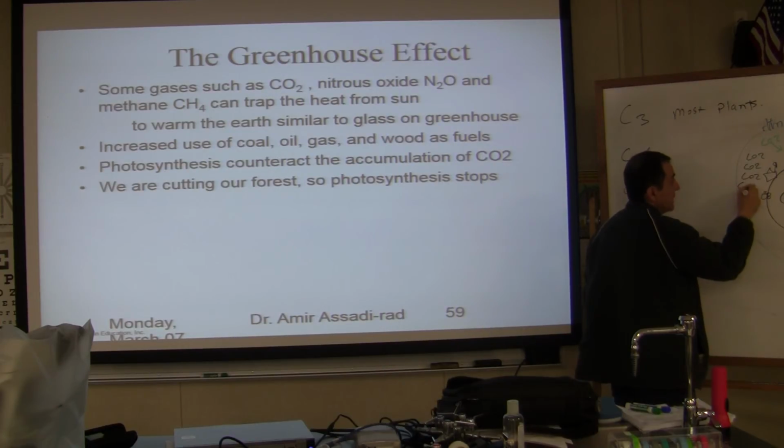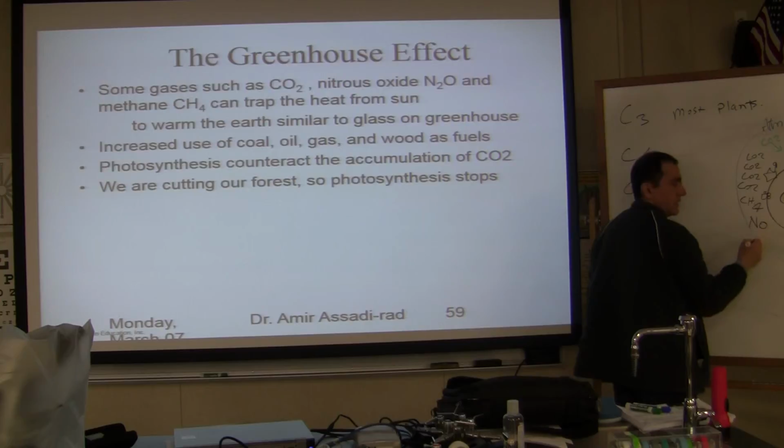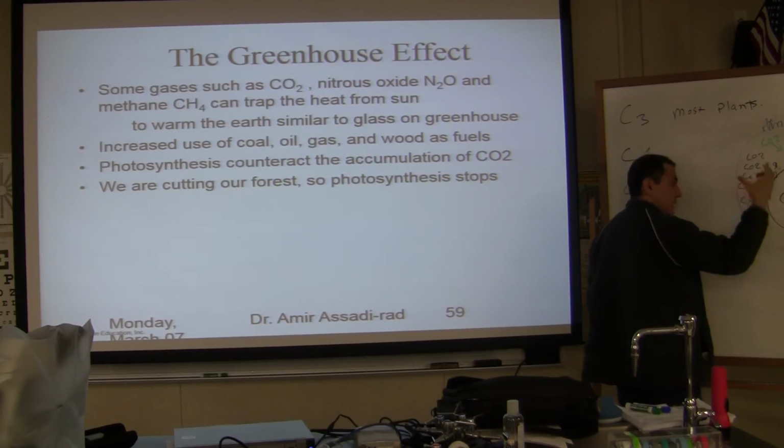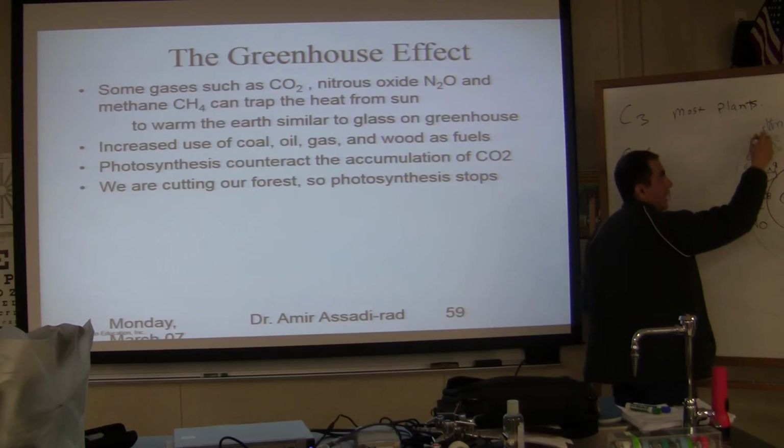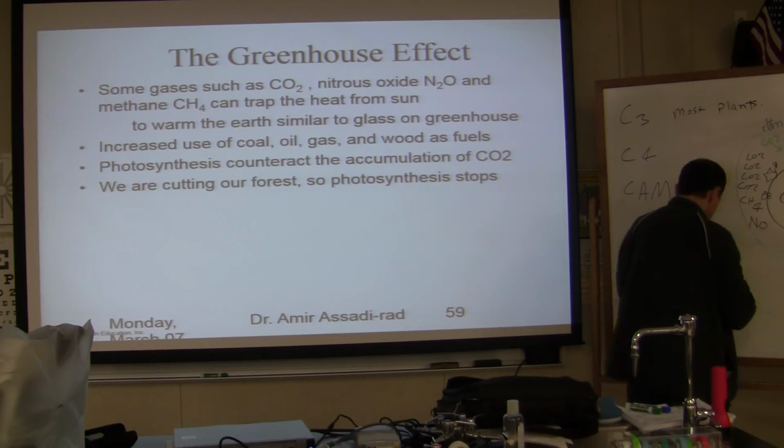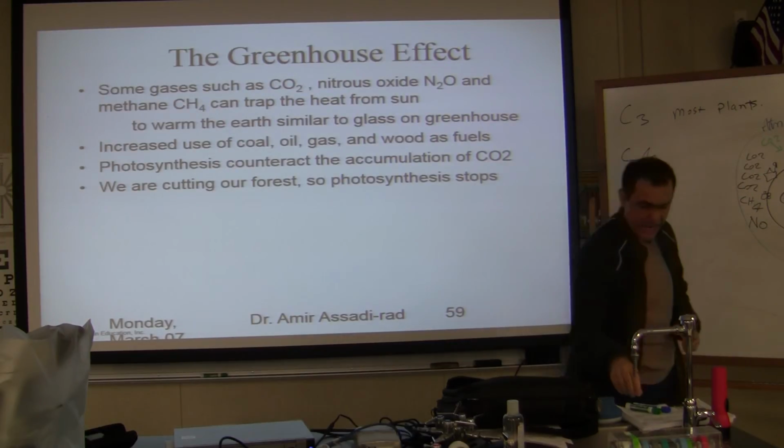But now there is a lot of methane gas, CH4, also accumulated on the surface of the earth, and nitrogen oxide, another one. These are the 4 main gases accumulating on the surface of the earth.